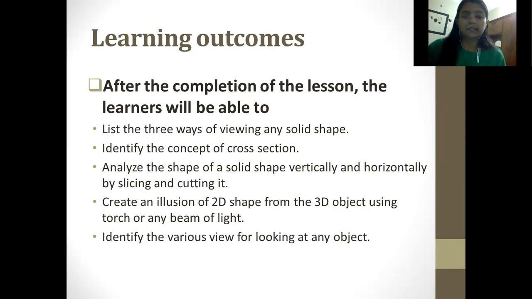Then you would be analyzing the shape of a solid, and how we can convert the shape by cutting vertically and horizontally, and then we are obtaining some different result. Then you would be able to create an illusion of a 2D shape from the 3D object using torch or any beam of light, which we were doing now. Then you would definitely be identifying the various views for looking at an object.